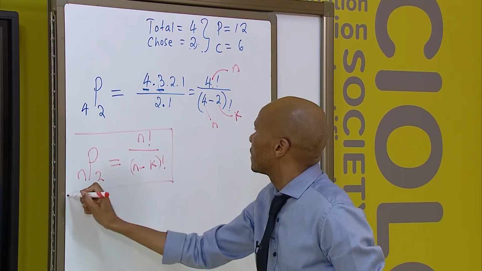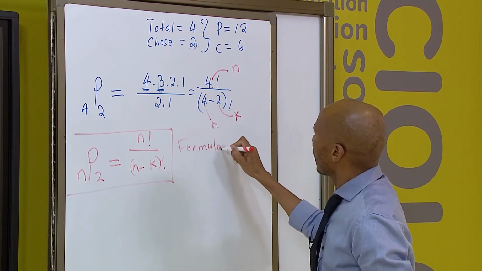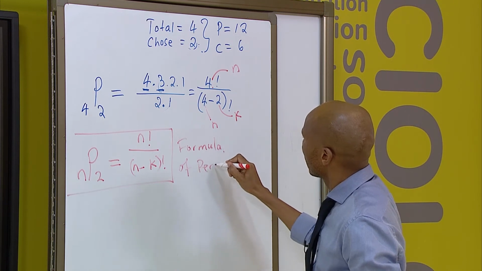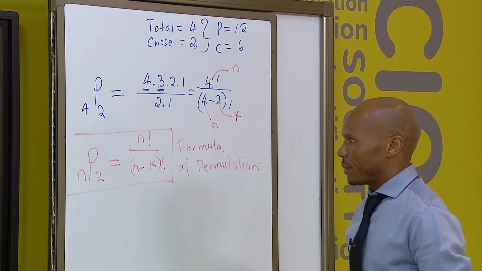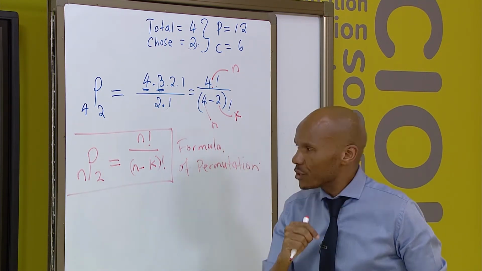So that is our formula of permutation. But how do we use this to get our combinations formula?